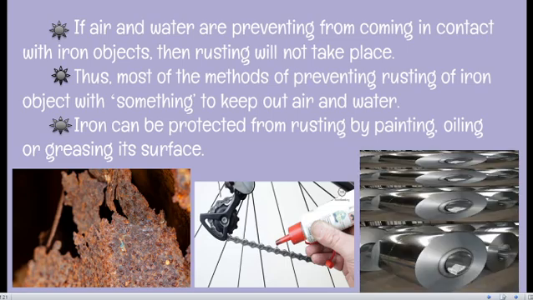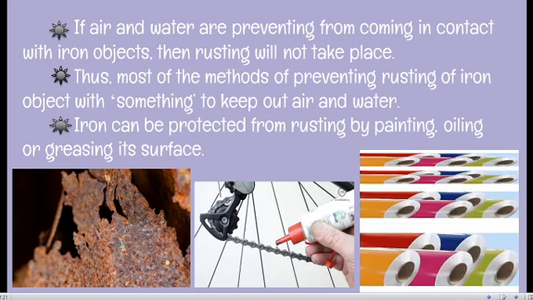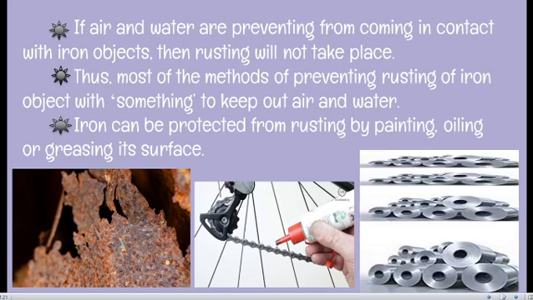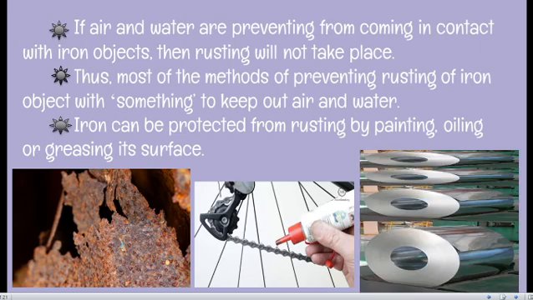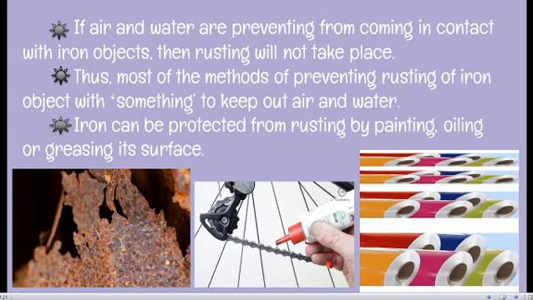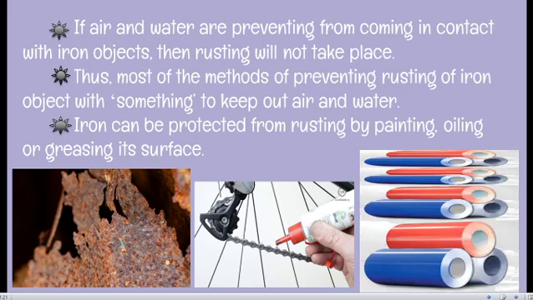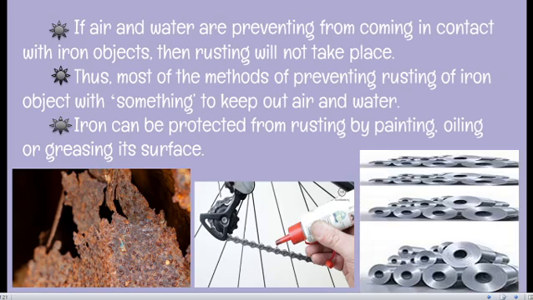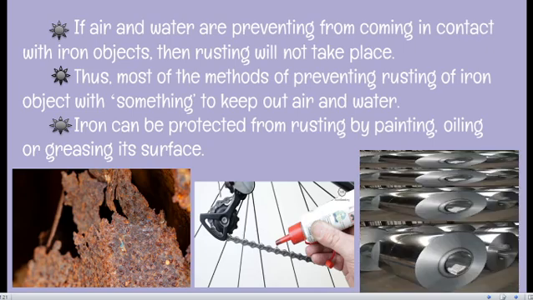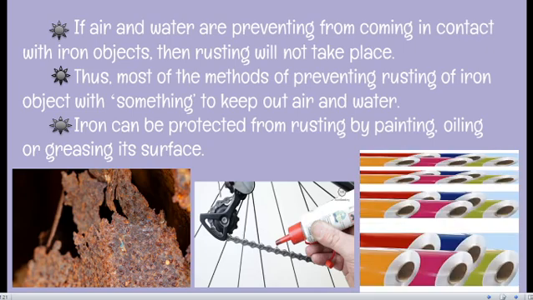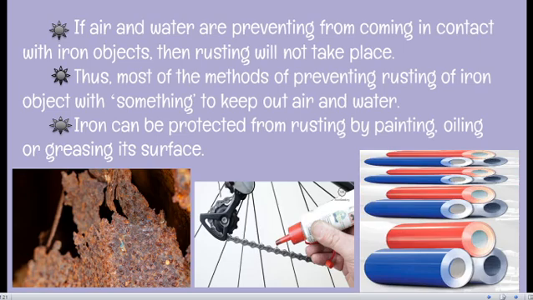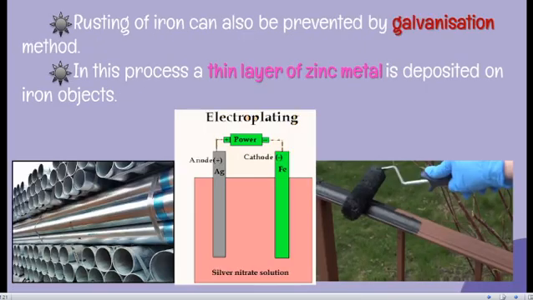So we can protect iron objects by painting, oiling or greasing the surface of iron objects. So we have to avoid rusting, that is a very important one. We coat the iron objects with paint, or we can coat them by oiling or greasing their surfaces. And also there is one more method, galvanization. Galvanization means you have to remember zinc metal.